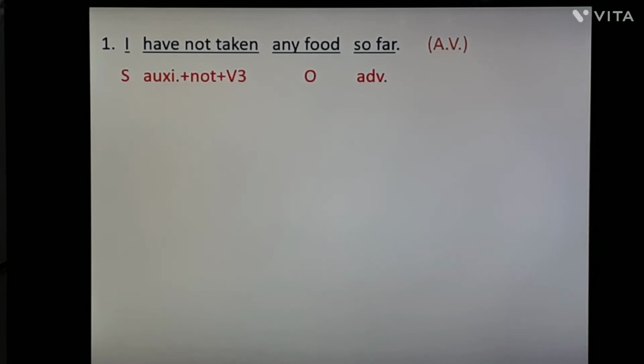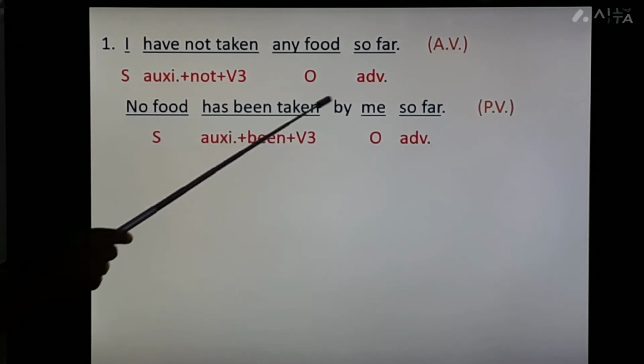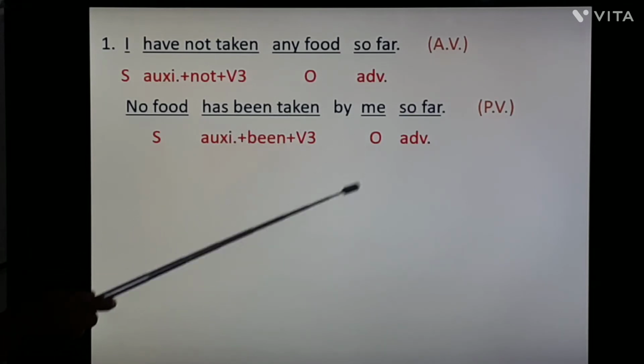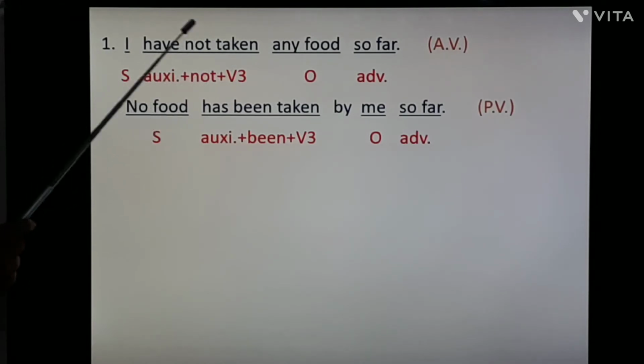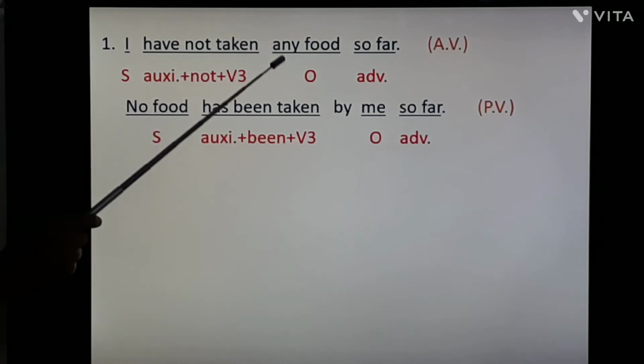Now let's turn this active into passive. Okay, so here no food has been taken by me so far, that is passive voice. Now see here in the first sentence, active voice, I have not taken. When you are framing negative sentences, then always use any.